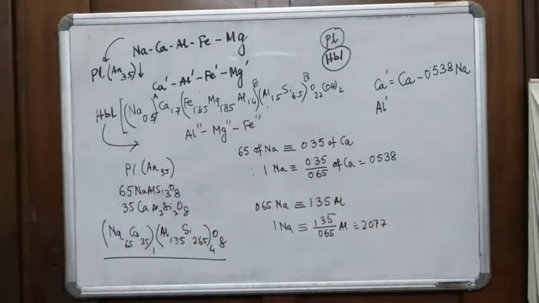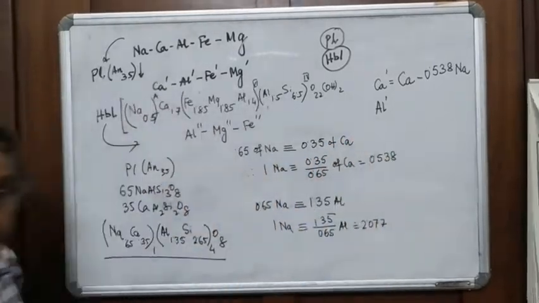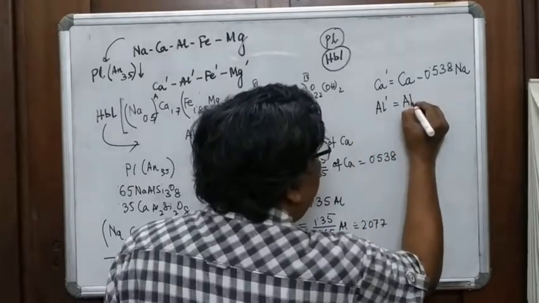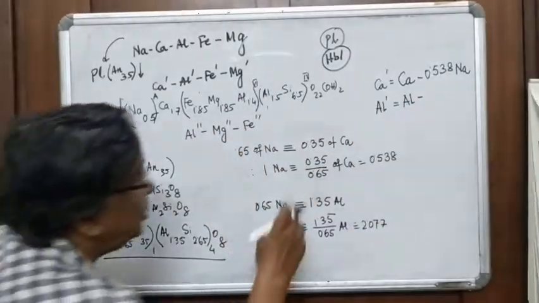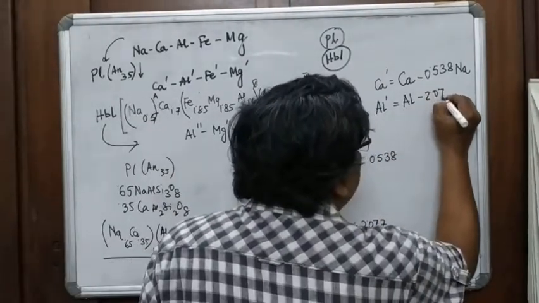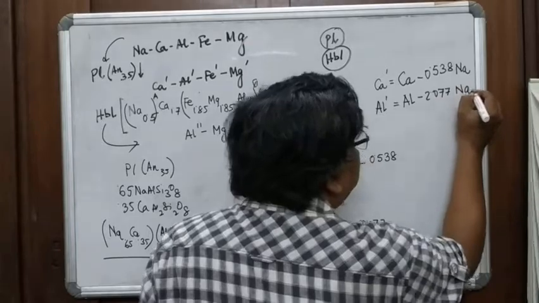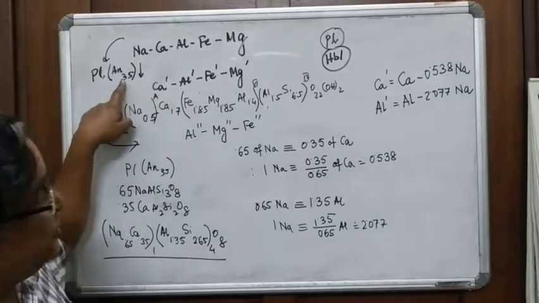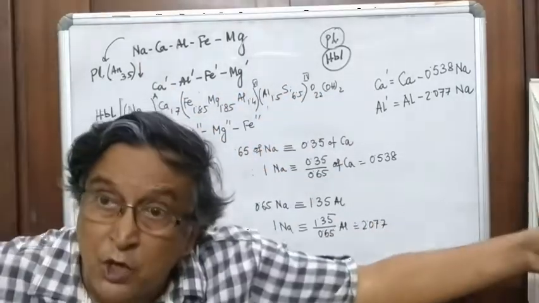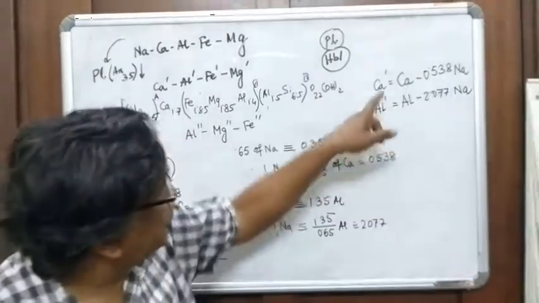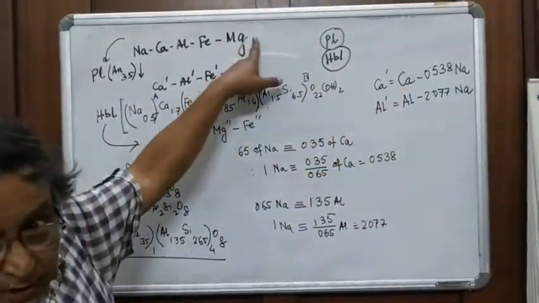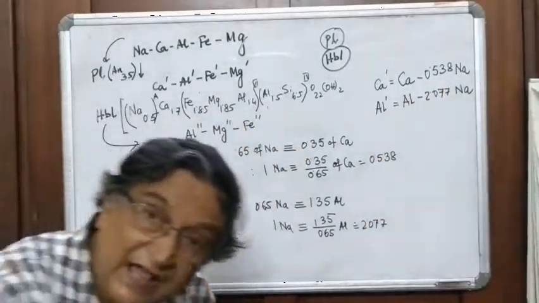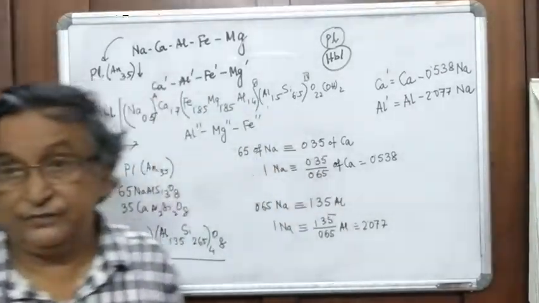So now if I take aluminium prime and project another mineral, I will have aluminium minus 2.077 sodium. So if you are projecting from plagioclase of this composition, then calcium prime in the new composition space in which you are projecting should be equal to the Ca in this system minus 0.538 sodium, which is the equivalent amount of calcium that needs to be removed.